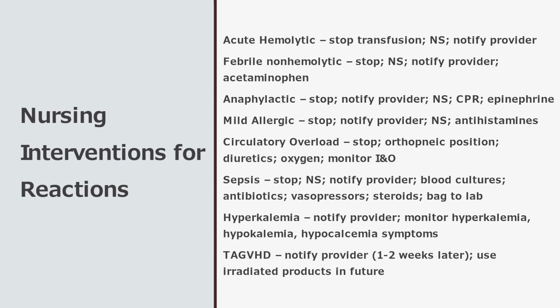There are all these rules to maintain the integrity of that blood product. And if you do not follow those rules, then you are likely to allow an organism to start to grow. If it is warmed for too long, it's likely to have a microorganism start to grow in the blood product. So it needs to stay chilled, and it needs to be infused as fast as possible and tolerable by the client.